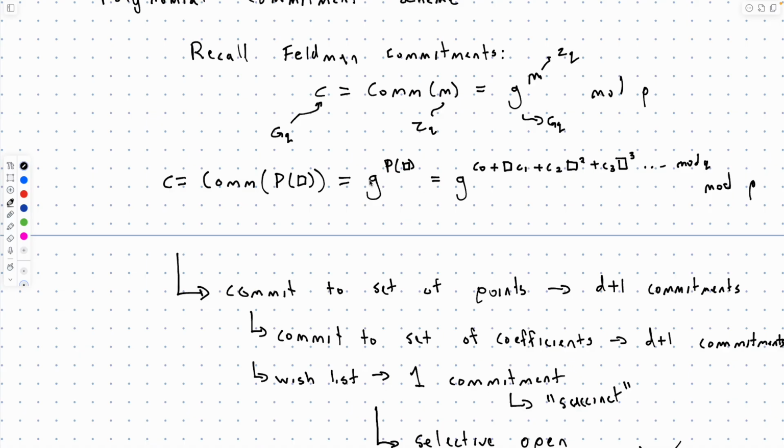So my commitment to a polynomial is g to the power of my polynomial evaluated at tau. But I don't know what tau is myself. Nobody on Earth knows what it is, even the person choosing it.